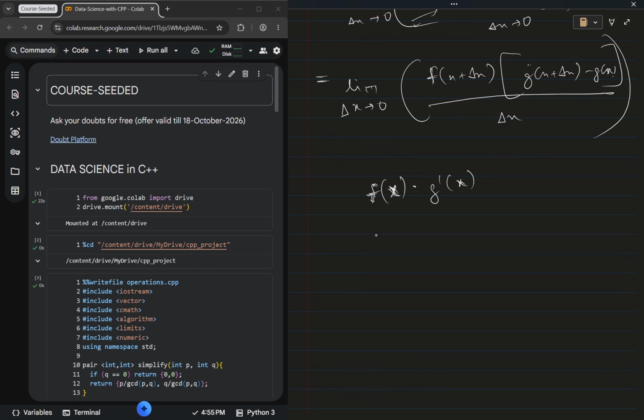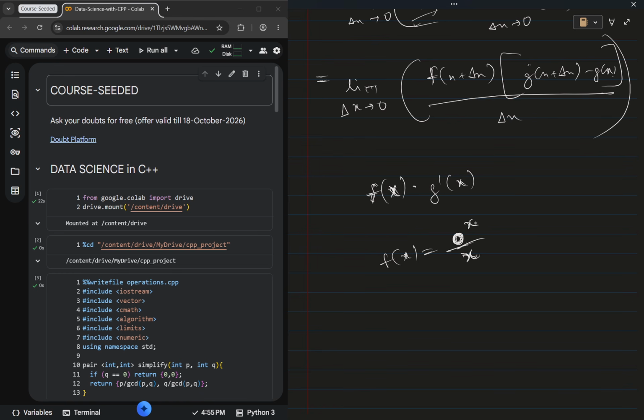For a continuous function, we can just directly insert delta x, but let's say that f(x) was equal to something like a to the power x divided by x, or we can go with 0 to the power x by x. Yes, this looks even better.